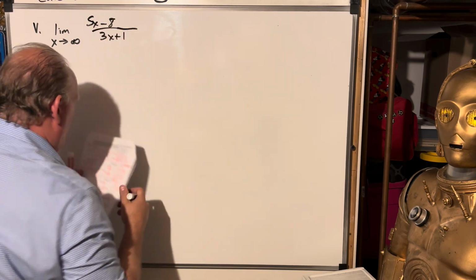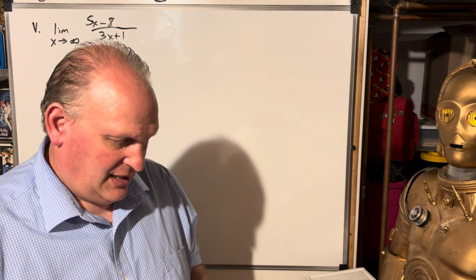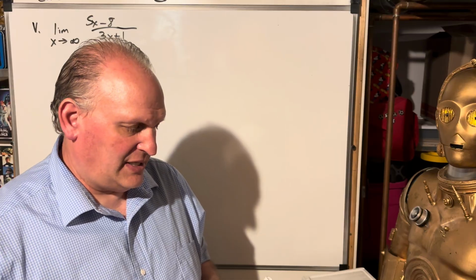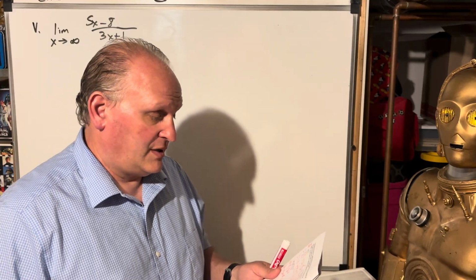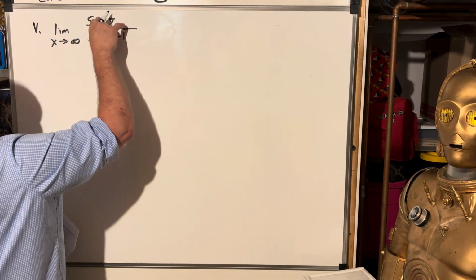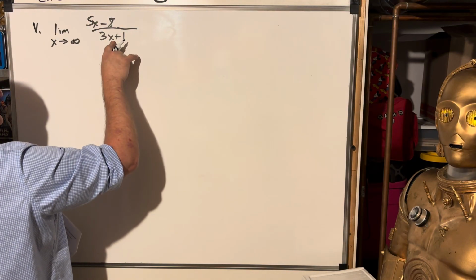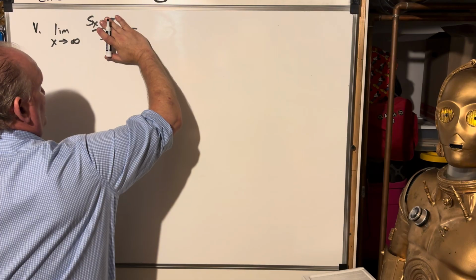So again, we want to do big picture thinking, and here is the trick to find the horizontal asymptote. If you notice that the degrees are the same, the top dog here is 1 and the top dog here is 1, that's basically all it's going to be. It's going to end up being 5/3.